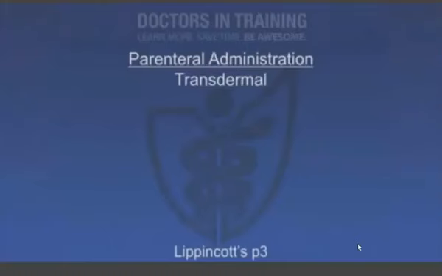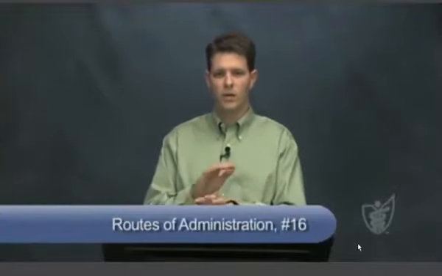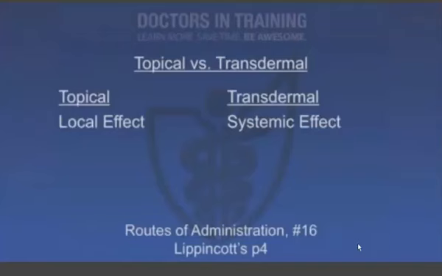And then finally, the last route of administration to mention is transdermal administration. Now this is different than a topical skin administration. Again, with the topical administration, you're trying to get the local effect of the drug right on the site of action. With the transdermal administration, you want the drug to be absorbed into the skin and absorbed into the systemic circulation. So you might use a patch, and usually these are patches that can be changed once every day, sometimes once every 72 hours, something like that.